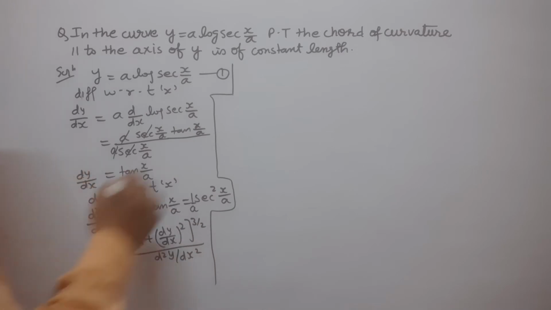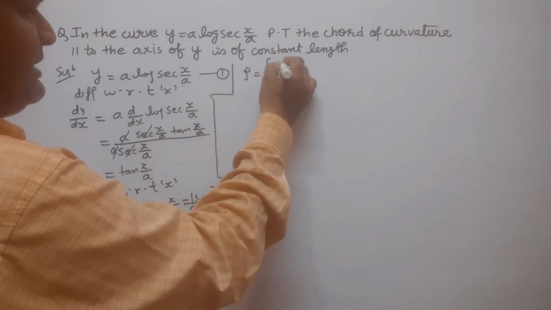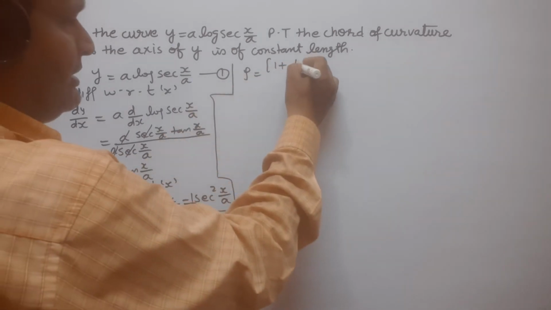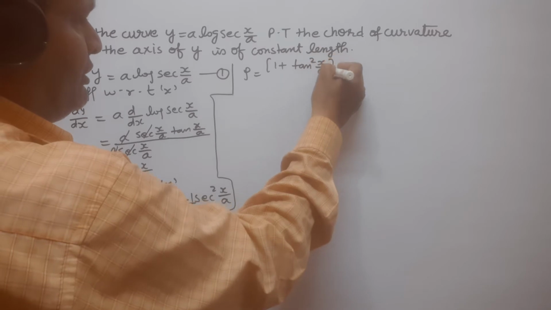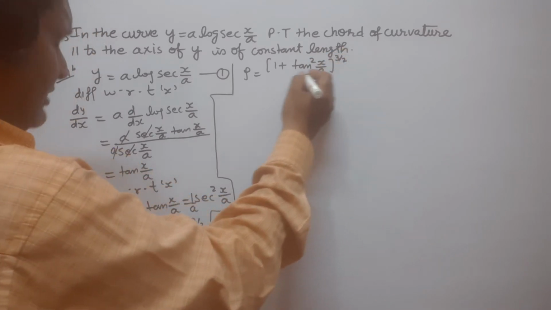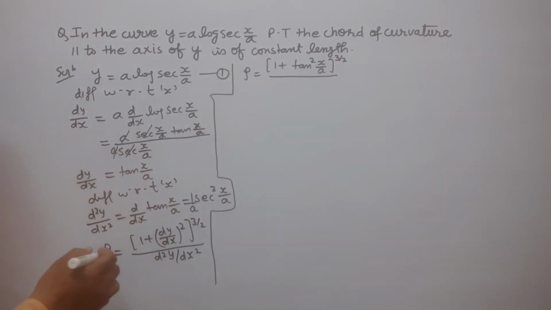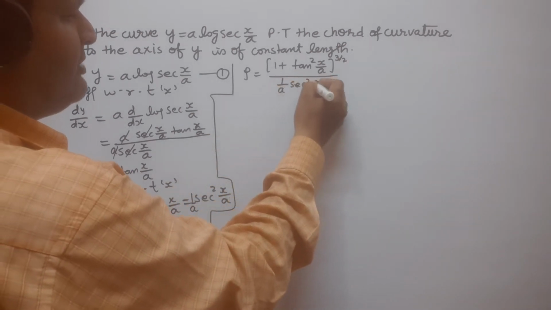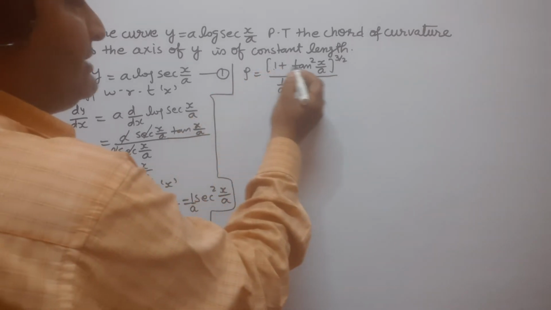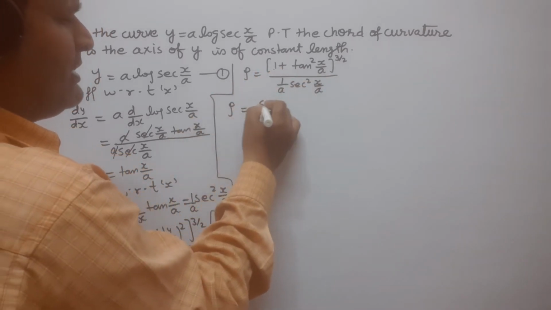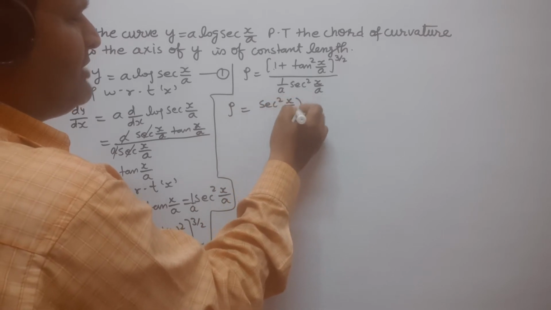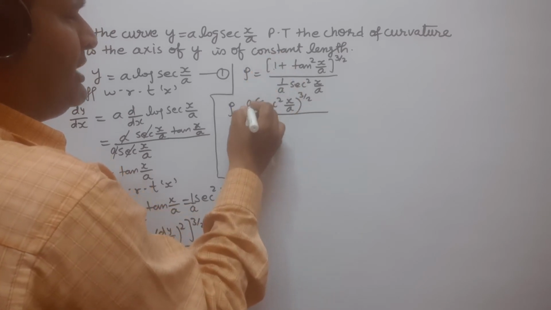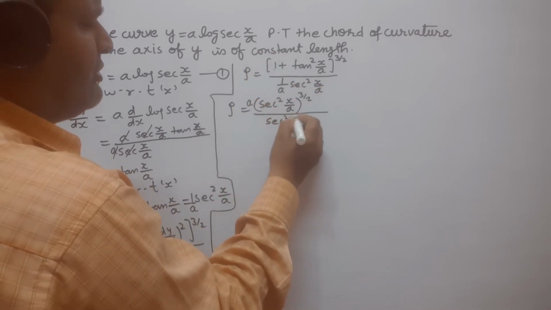So rho is equal to 1 plus, here dy by dx is tan x by a, so squaring this we get tan square x upon a, whole power 3 by 2, divided by d2y by dx2, that is equal to 1 upon a sec square x by a. We know that 1 plus tan square x is equal to sec square x, so this can be written as sec square x by a whole power 3 by 2, and this a goes to the numerator, so here is a and sec square x by a.